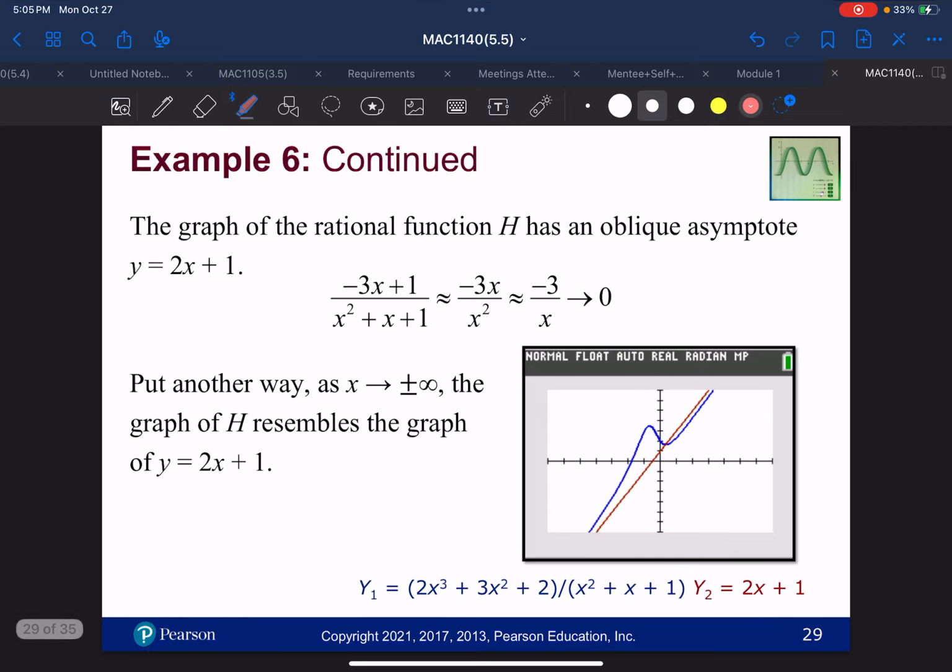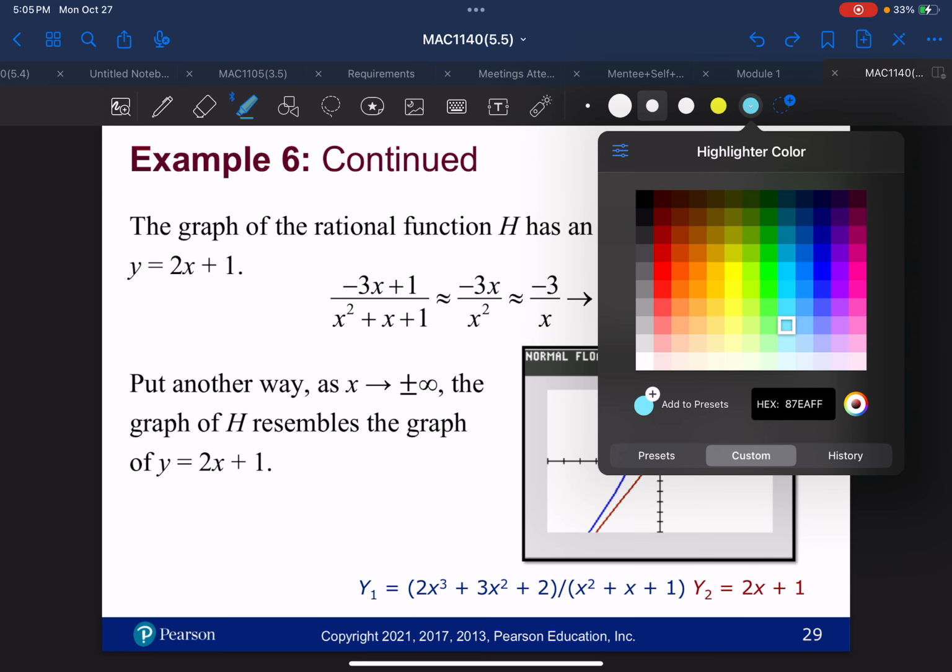And we can see that more visually here. So in red in this picture, that is the graph of the 2x plus 1, the oblique asymptote. And in blue is the original function that we started with.